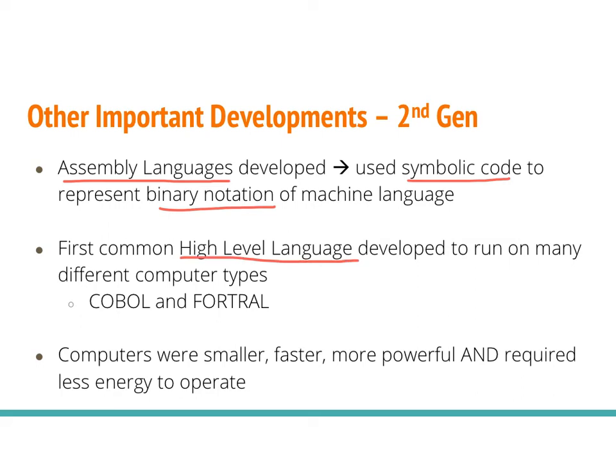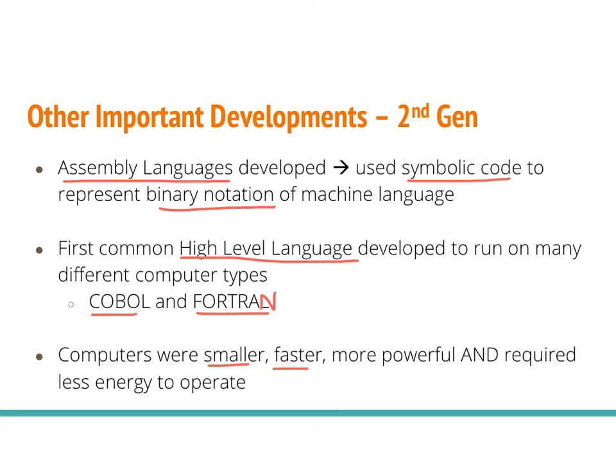So this is where Grace Hopper's contribution of a compiler was so important. And those first high-level languages that were created were called COBOL and Fortran. The other important thing that you need to note about second-generation computers is that they were smaller, so that they were more easily used in smaller spaces. You didn't need to have a big room or a big building in order to have a computer.